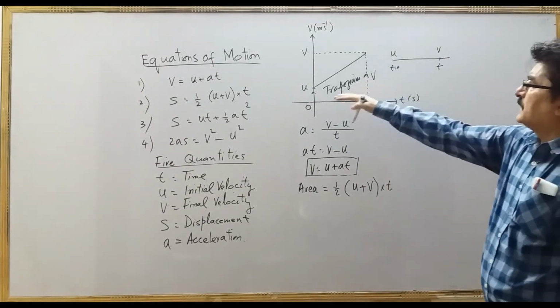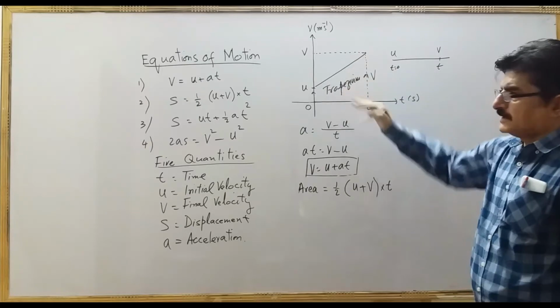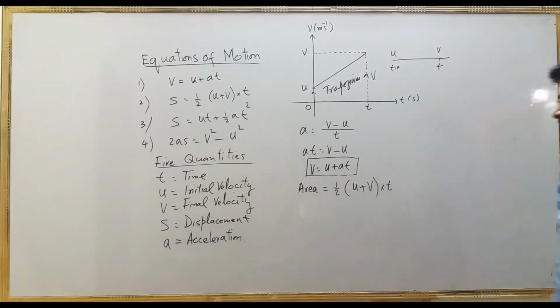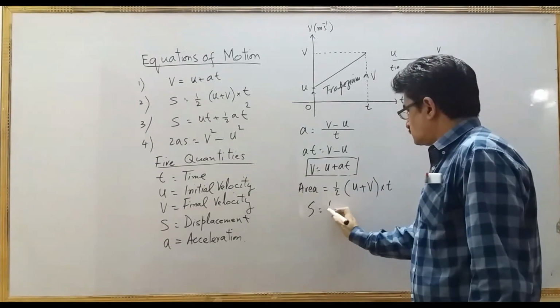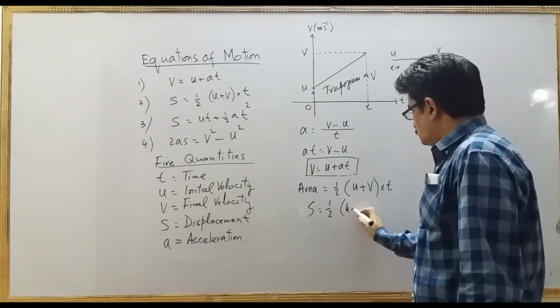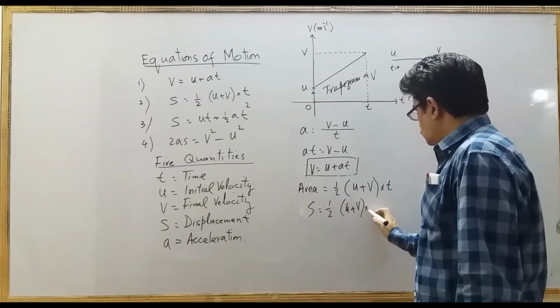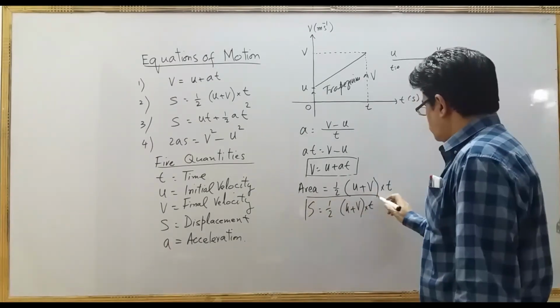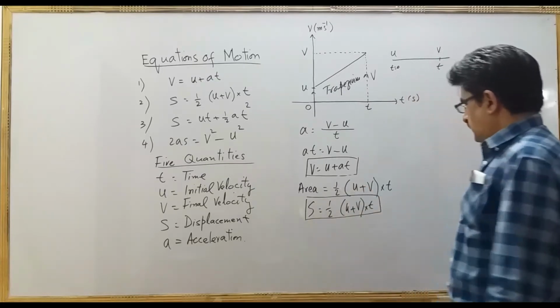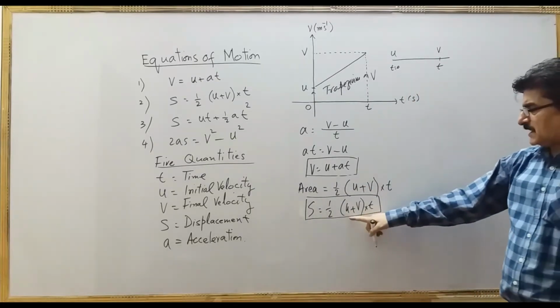Now area under the velocity time graph is the displacement. So s is equal to half u plus v into t. So this is the second equation of motion. Here a is not involved.